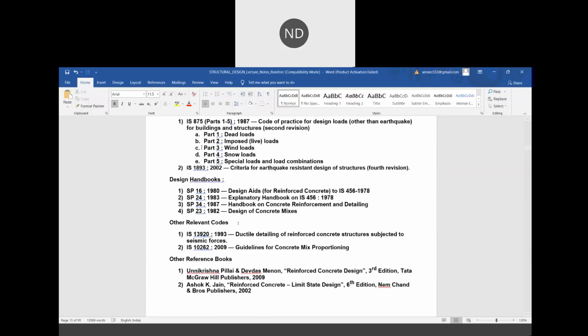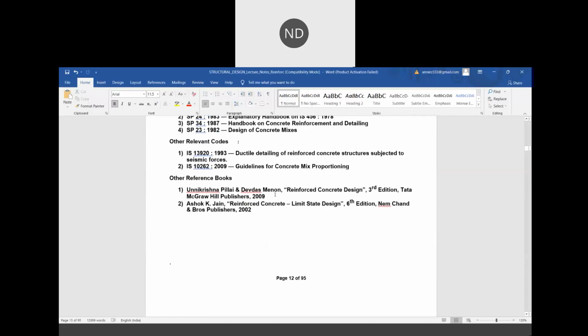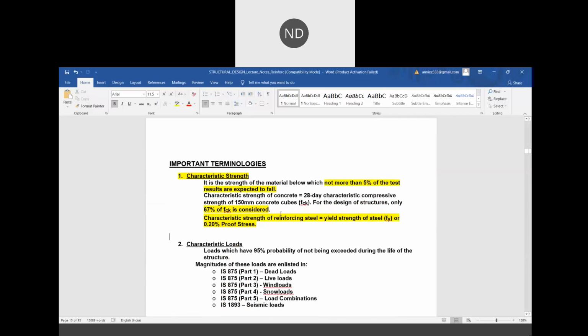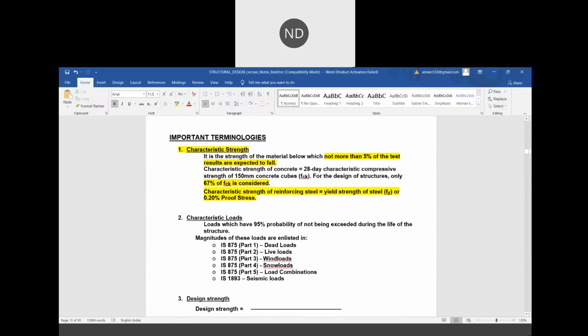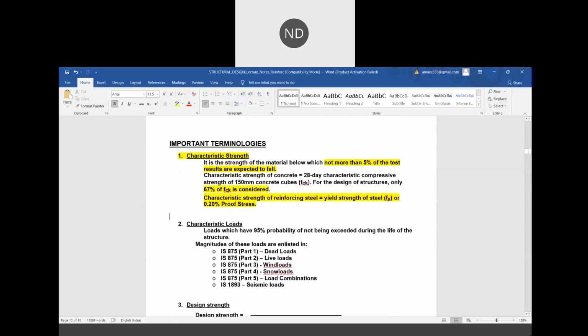IS 875 1987: part 1 is for dead loads, part 2 is for live loads, part 4 is for snow loads, part 5 is for load combinations. IS 1893 is for seismic loads.